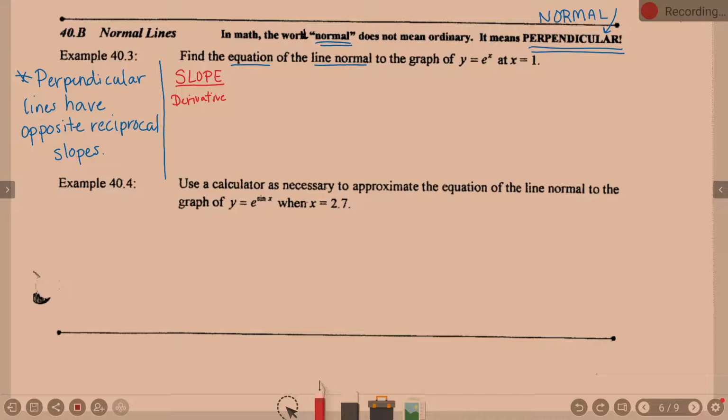So our equation is y equals e to the x. It's a tough one. Can you handle it? What's the derivative of y equals e to the x? E to the x. Now, I'm going to write it as dy dx is equal to e to the x.